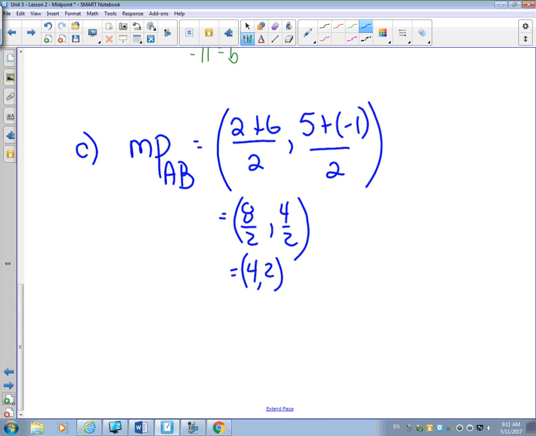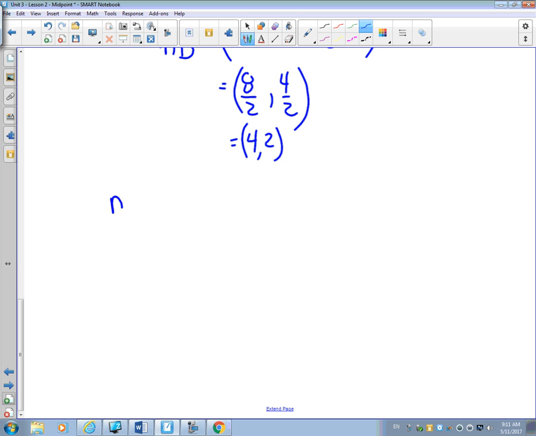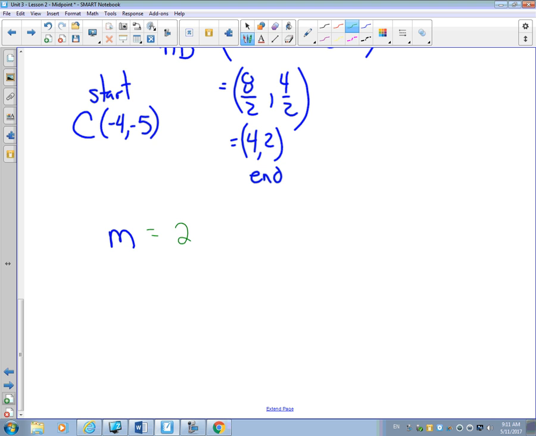Let's go do it. So our slope, and I'm just going to write down the coordinates right here. C was negative 4 and negative 5. So we're starting here and we're ending here. I want to find the slope of the line that does that. So 2 minus negative 5 and 4 minus negative 4.